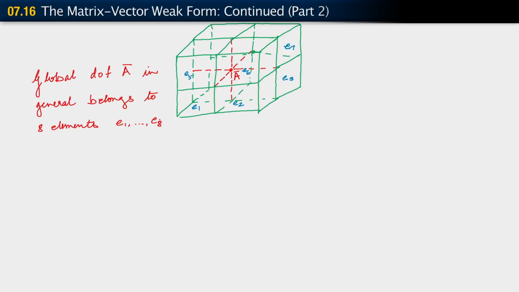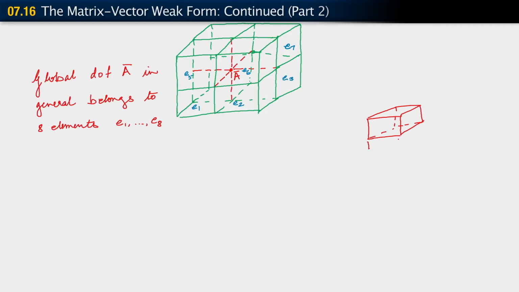Okay, all right. So now what one can observe is that if we follow a numbering system in which for a single element we have a numbering system of the following type. Right, the local degrees of freedom of this element.